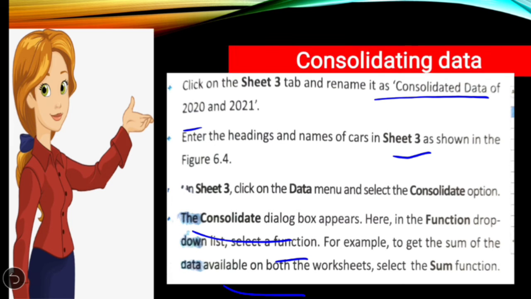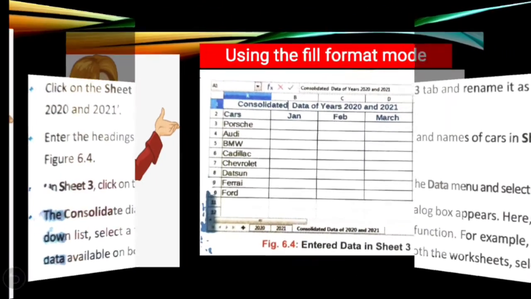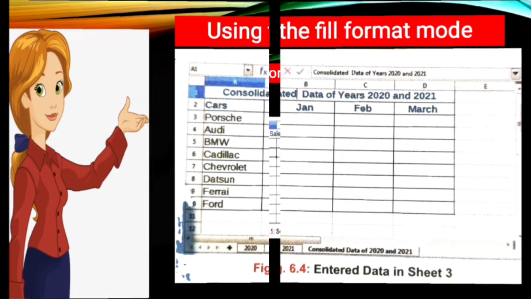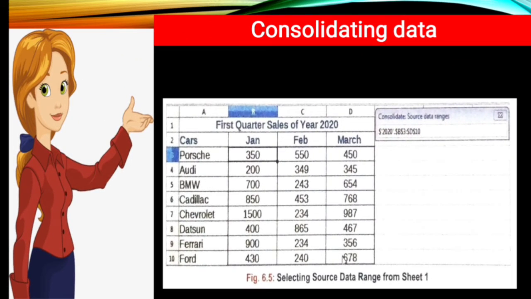Now, because we want to make the consolidate of our data in the third sheet, so that is our third sheet. We make this sheet with only column names and item names, as we have discussed here. We select this range and go to the data option. Firstly we select this range, after that we go to the data option.